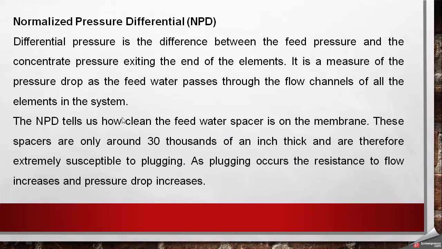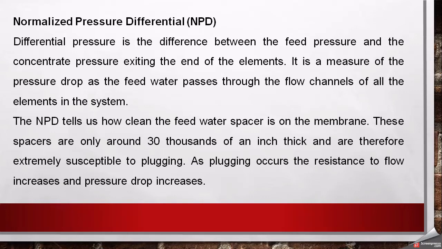So this is basically the delta P. The NPD tells us how clean the feed water spacer is on the membrane, the spacers which are present in the complete assembly of this membrane. These spacers are only around 30 thousandths of an inch thick and are therefore extremely susceptible to plugging. When plugging occurs, the resistance to flow ultimately leads to an increase in pressure drop.